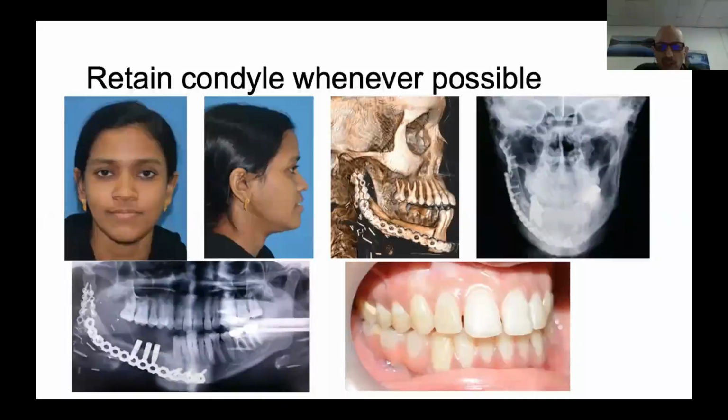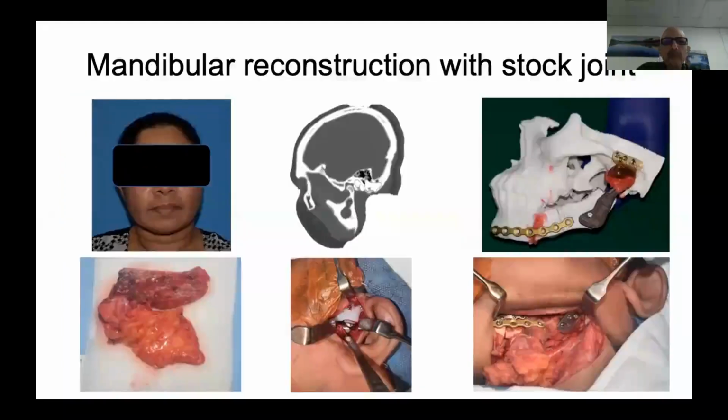But in all the situations now, we are using the 3D models for pre-plating and rehabilitation, along with, as far as possible, preserving the condyle. Now again, what is available is Zimmer Biomet total joint prosthesis, which has two components, and in situations in which the condyle is being excised, we can reconstruct the whole segment.